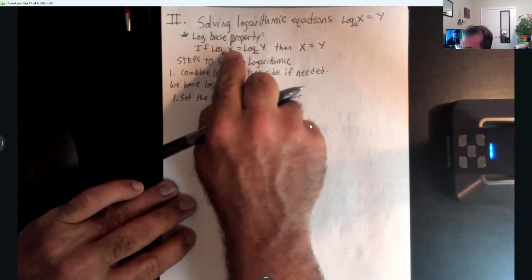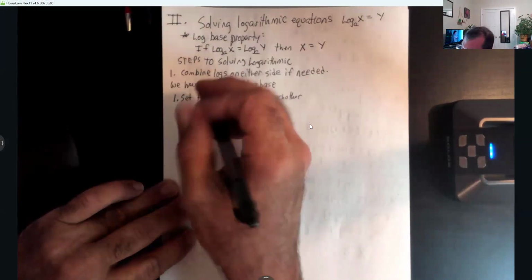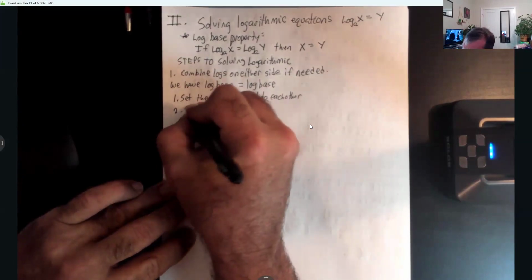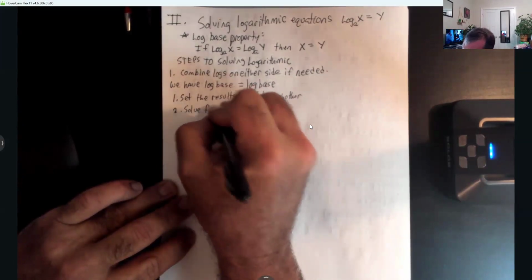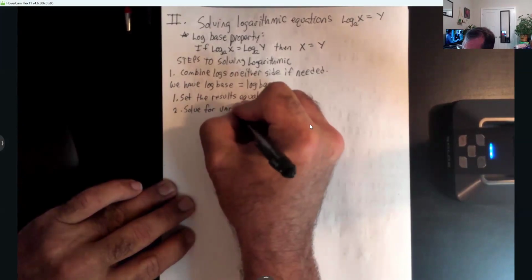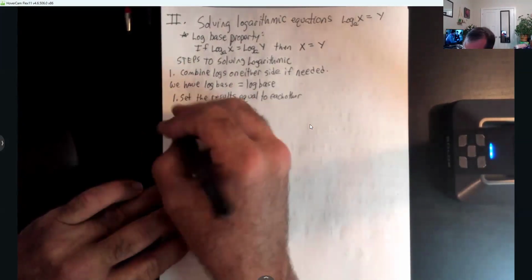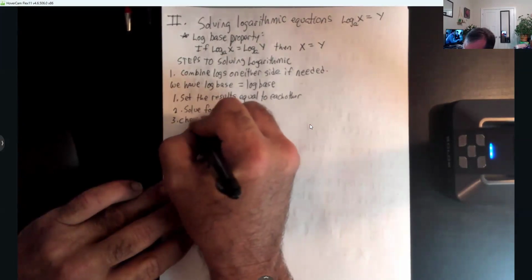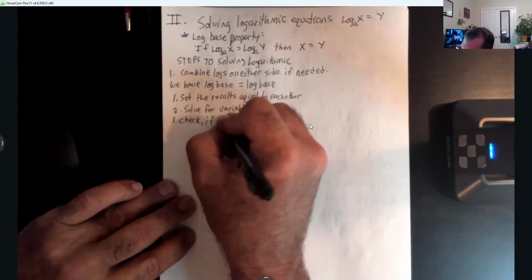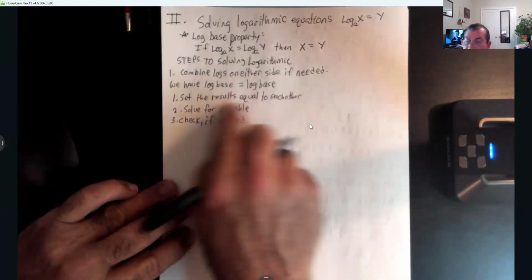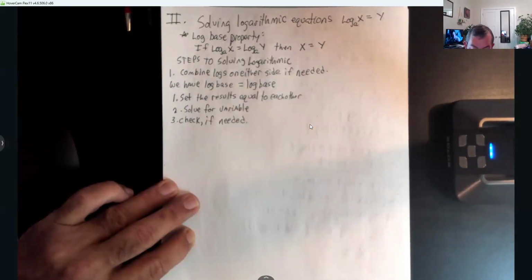Now remember, the results is the X and the Y. So you're going to set them equal to each other. And then you're going to solve for the variable. And then remember, check if needed. So y'all, it's not too bad if you got a log base equal a log base.